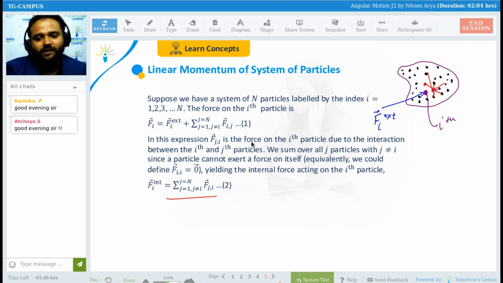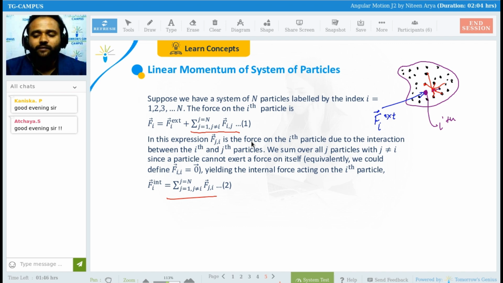Basically, if I apply any external force anywhere, at this particular point, I can say it is the ith particle. This internal force is nothing but the effect of the other particles.